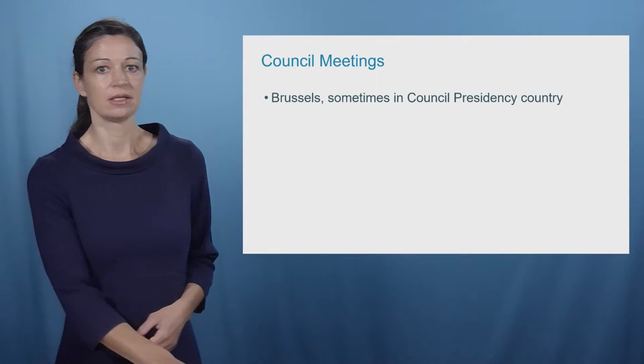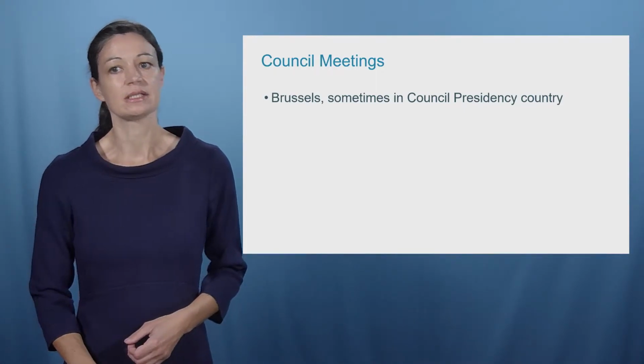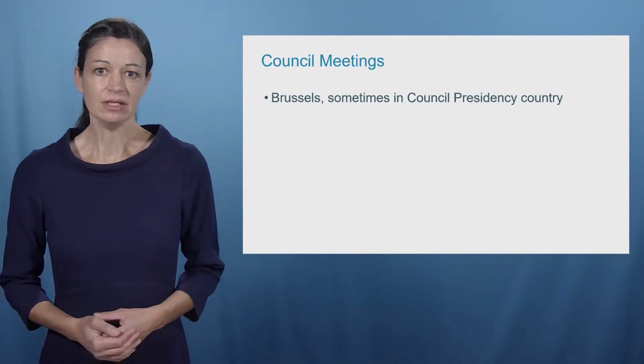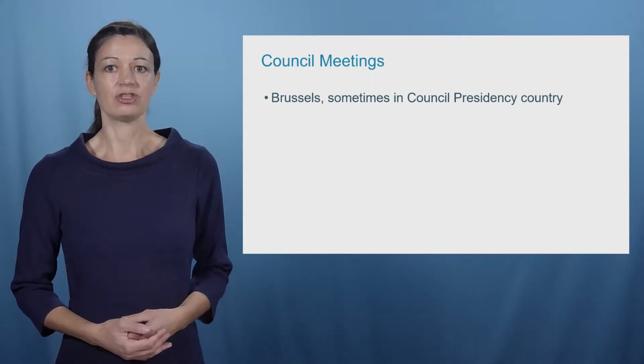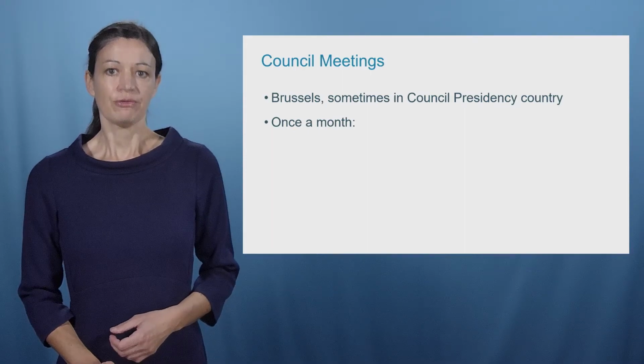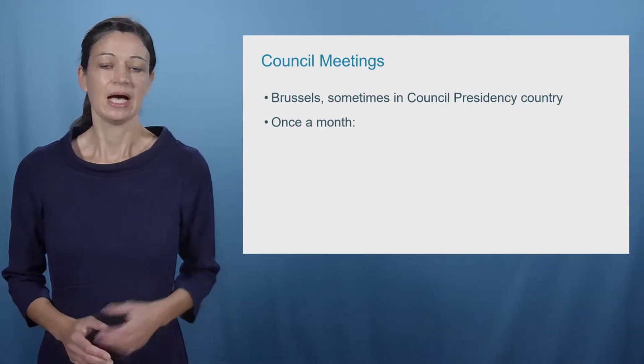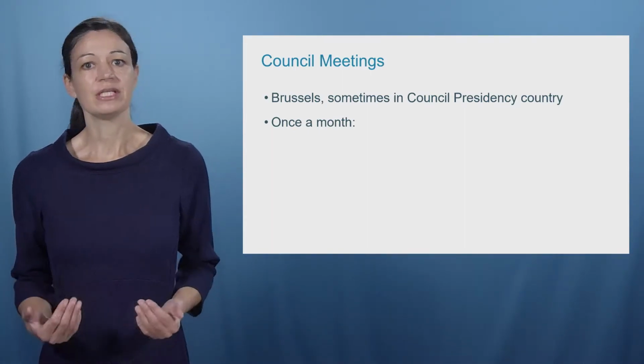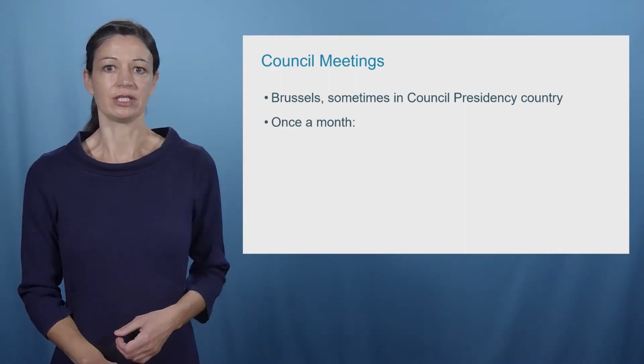Council meetings mostly take place in Brussels. Some meetings, however, can also take place in the country that holds the EU presidency. The frequency of council meetings at the ministerial level varies depending on the council configuration.